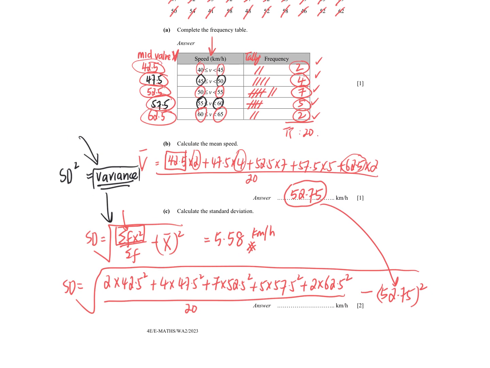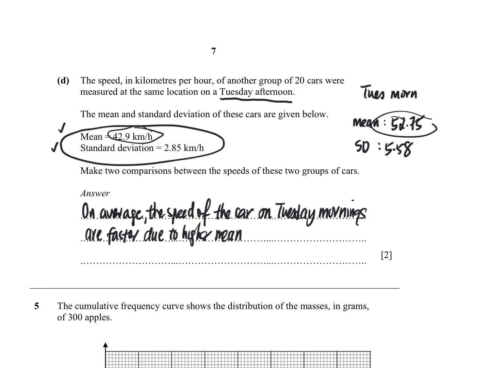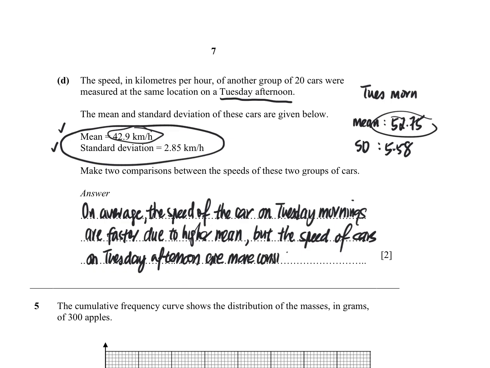Who doesn't remember? Let me do this one. Right? Then you can comment that the speed of the cars on Tuesday afternoon are more consistent due to lower standard deviation.